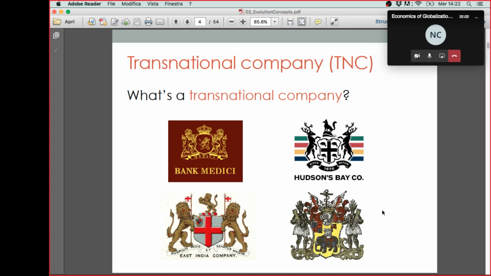The owners of the company were from the UK, but these companies were monopolizing trade activities with people actually operating there. So again, the production of the service was actually in the foreign country. They were operating across different countries, mainly in countries that were part of the British Empire.